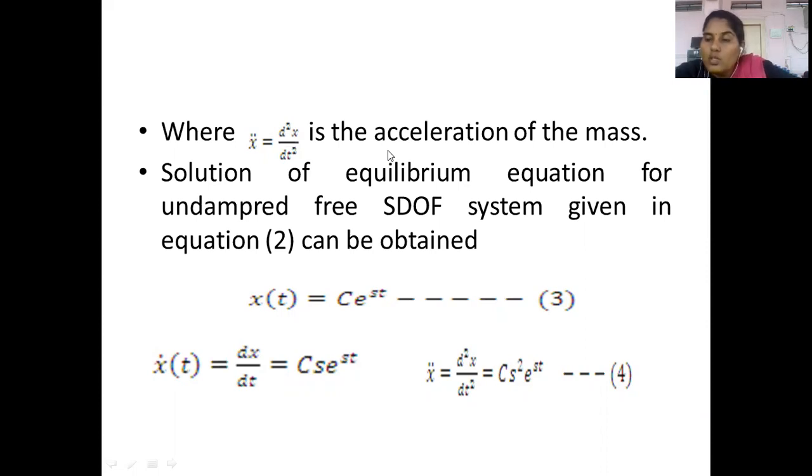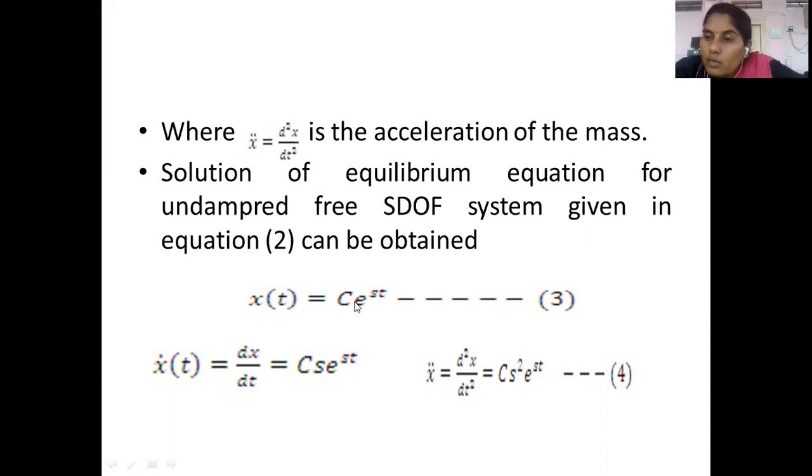The equation number 2, which is mx double dot plus cx dot equal to 0, we have to solve by putting x of t equal to c into e raised to st. It is a linear differential equation, where c is the constant and s is the variable.